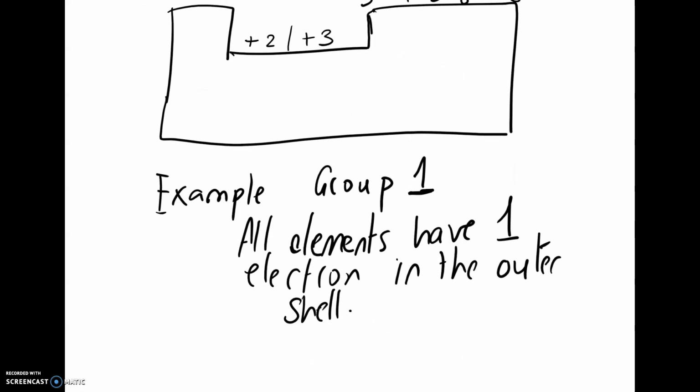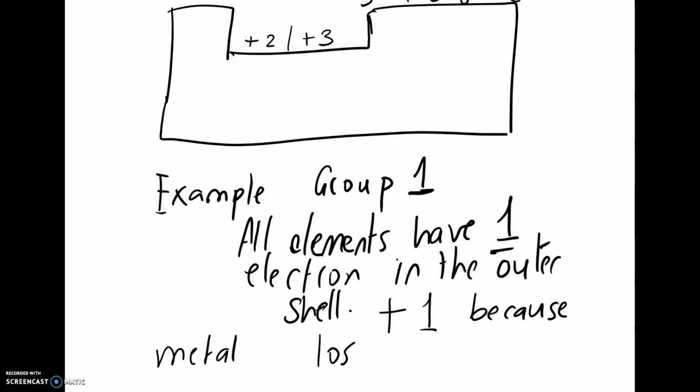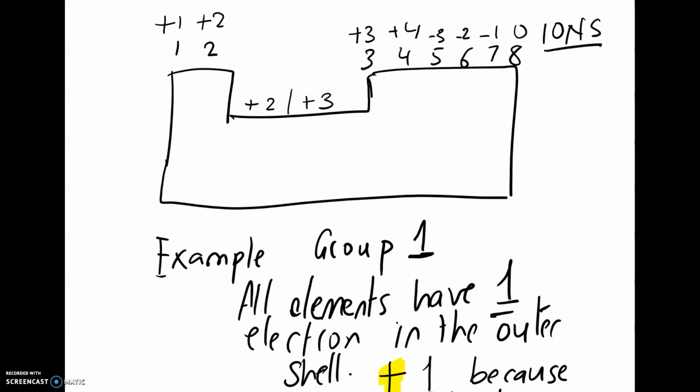So to get a stable configuration, it needs to lose this 1 electron, so it gets a +1 charge, because metals lose electrons. If you lose an electron, you get a positive charge, and if you gain an electron, you get a negative charge.